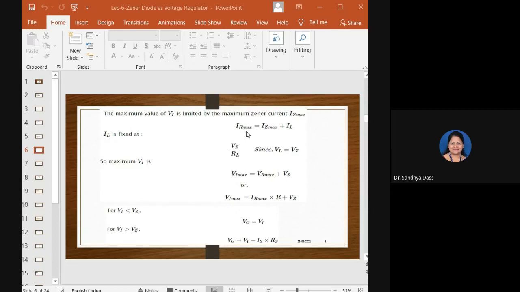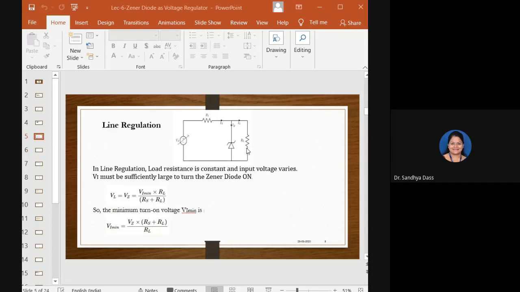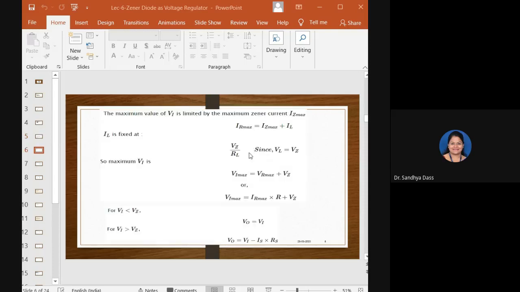So the maximum current that can flow through the series resistor depends on the Zener current, because IL is not varying. You can calculate IL based on the equation Vz by RL. IL is equal to the output across these two points divided by the RL value. I hope you are with me.